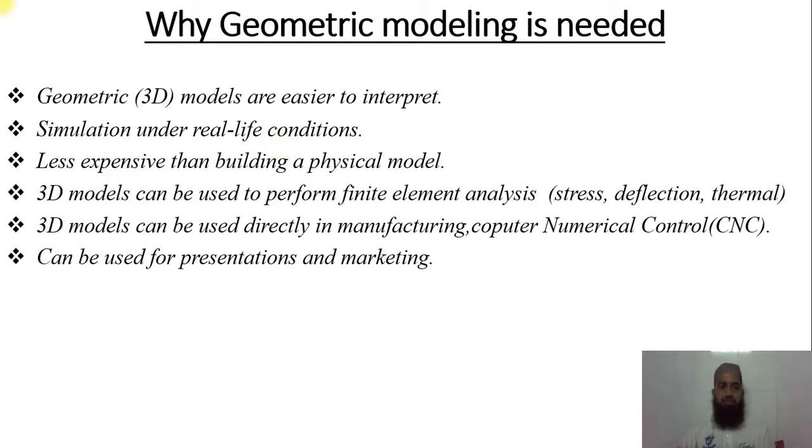It is less expensive than building a physical model, because with the aid of a computer we can always generate different types of models, and on that model we can easily do the analysis.